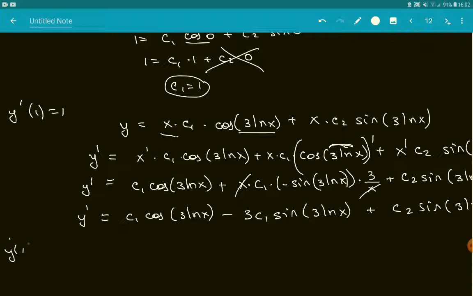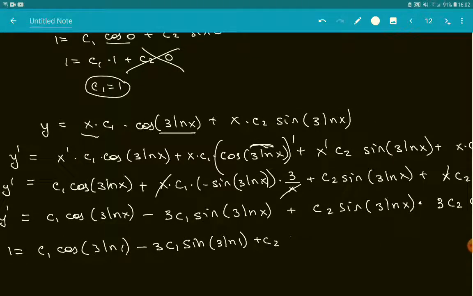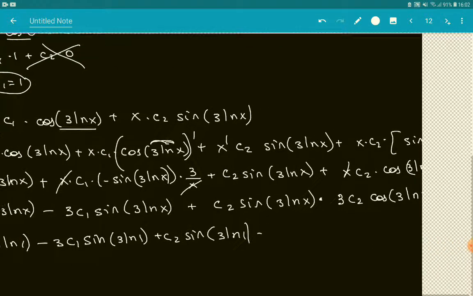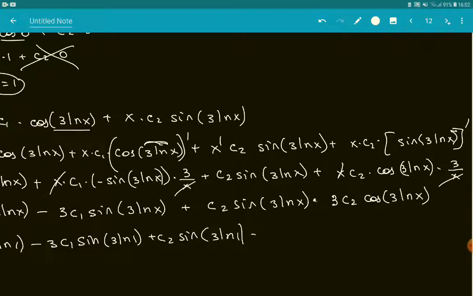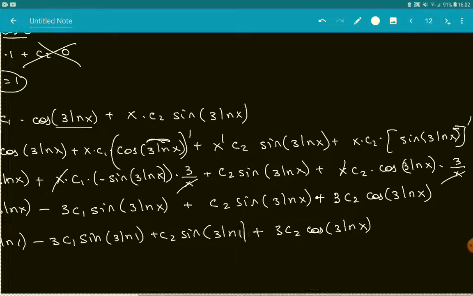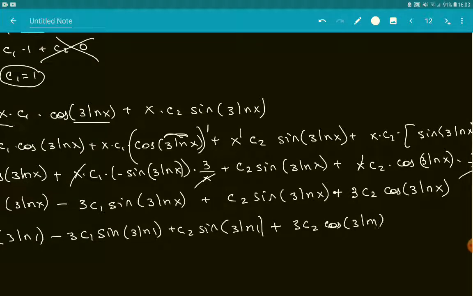Given y prime 1 is equal to 1, we put it inside, and it will become 1 is equal to c1 cosine 3 ln 1 minus 3c1 sine 3 ln 1 plus c2 sine 3 ln 1, plus 3c2 cosine 3 ln 1.